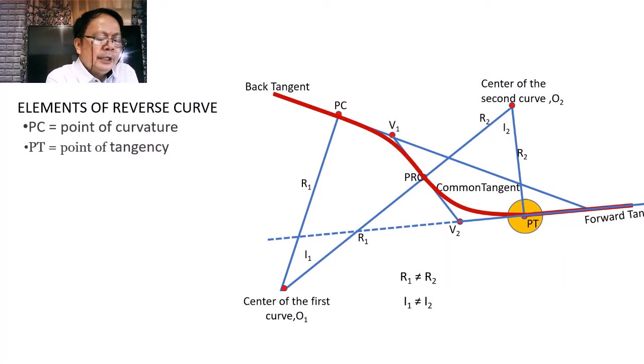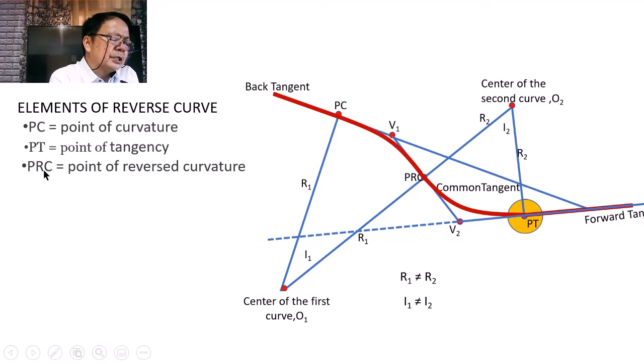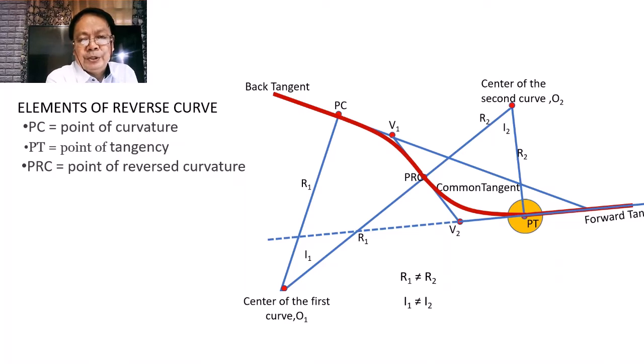Okay. The next point or element is called the PRC, also called the point of the reverse curvature. The point of the reverse curvature is the point where the first curvature meets or joins the second curvature. The intersection between the two simple curvatures of the reverse curvature.